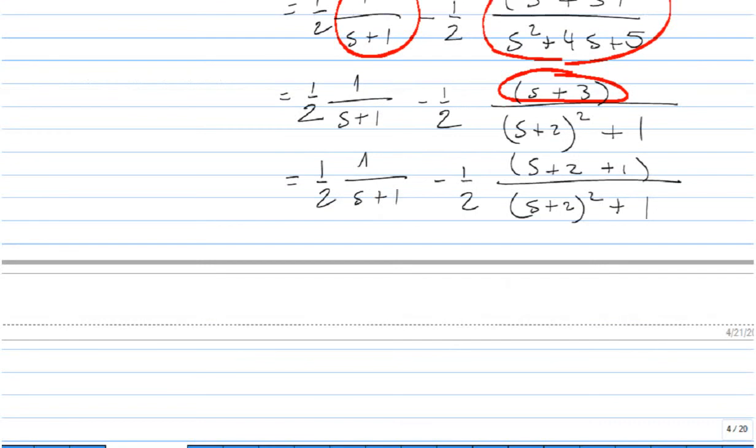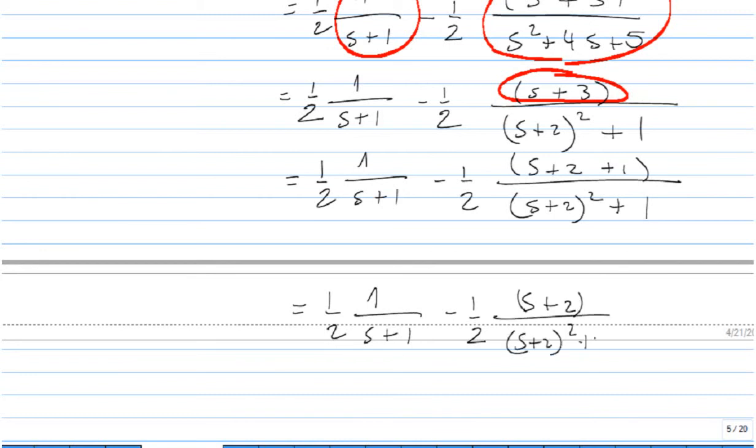And now I divide, so I will get 1 half, 1 over s plus 1, minus 1 half, s plus 2 over s plus 2 squared plus 1, minus 1 half, 1 over s plus 2 squared plus 1. So here now, this is the Laplace of 1 half e to the minus t.